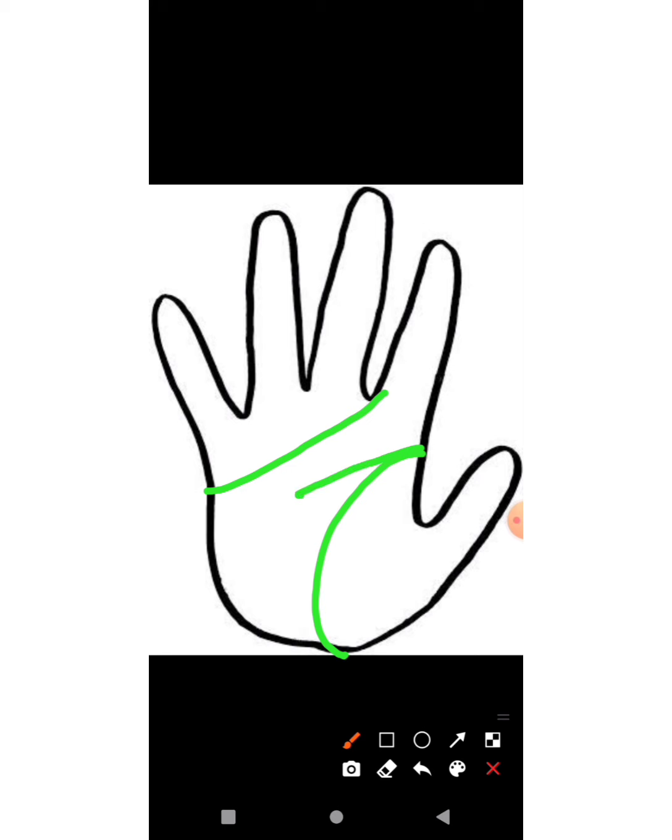Next, if this line is short, a little bit like this, then the person will not use the mind in a very positive manner. He is always in a hurry in doing things and is not thinking too much. He is very ferocious in his action, sometimes jumping into action without analyzing anything. That leads to a lot of pressure.